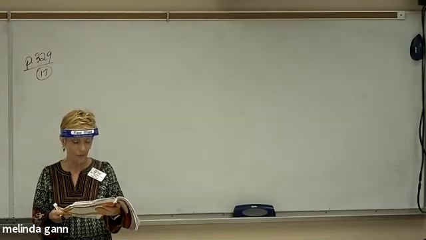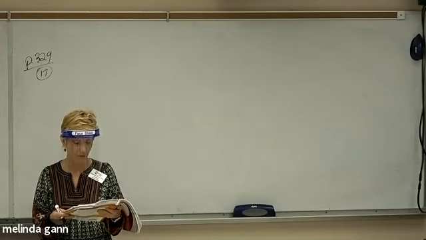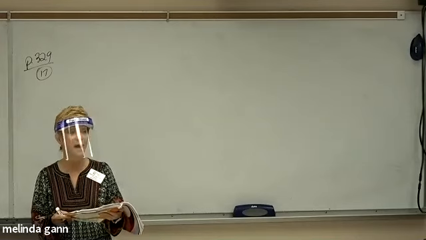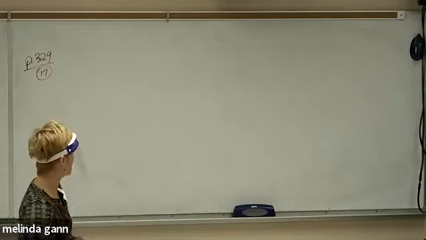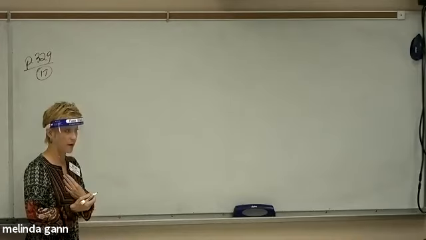Now, what I would have said, first of all, on a test, I would literally have said, construct a 99% confidence interval estimate. I'm going to make sure that it's worded better. Is everybody with me?